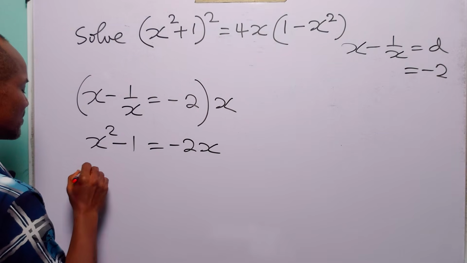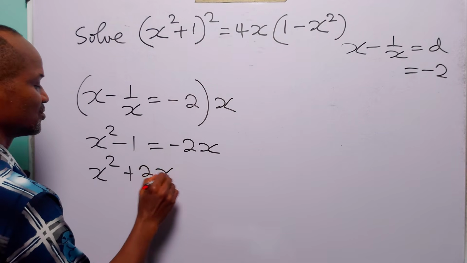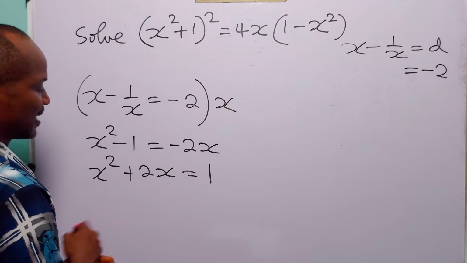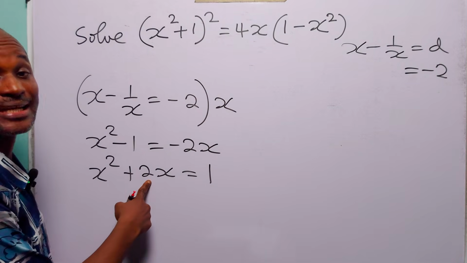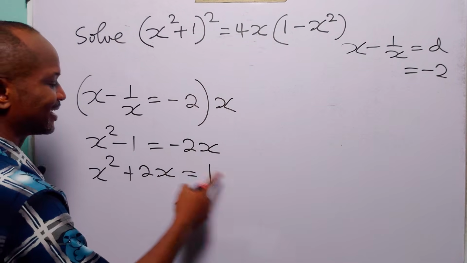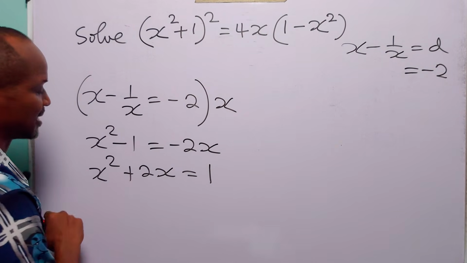Rearranging this quadratic equation, we have x squared plus 2x is equal to 1. Now, to solve this quadratic equation, we are going to divide the coefficient of x by 2, square it, and add to both sides of this equation to complete the square on the left-hand side.